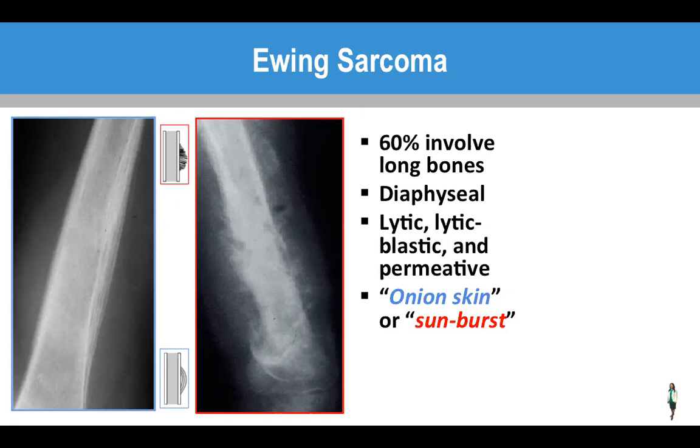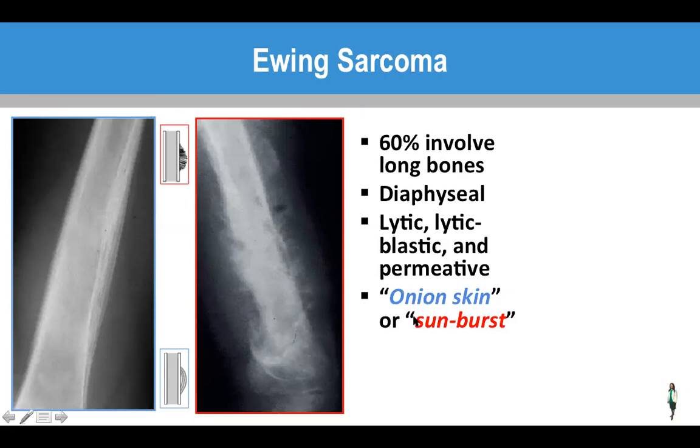So radiologically, you probably will see they describe Ewing sarcoma using the term onion skin. So this describes what onion skin means. The onion skin periosteal reaction, sunburst. So you have this sunburst appearance.